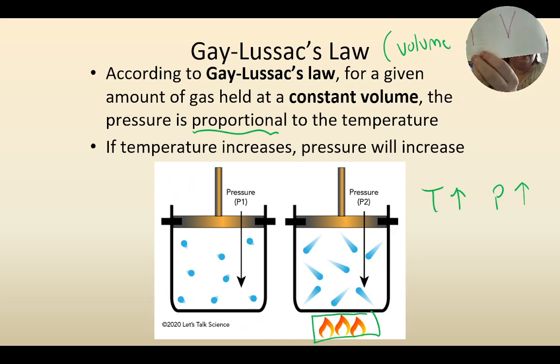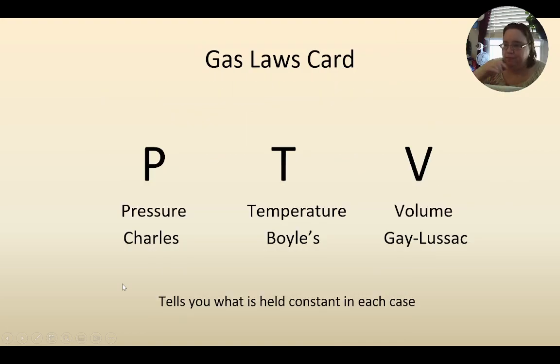Okay, a little bit easier. So, if you take just a normal piece of paper or an index card, and along the side put the letters in order P, T, V for pressure, temperature, and volume, it will tell you whose law holds what constant, and you can actually see the relationship for each of these.